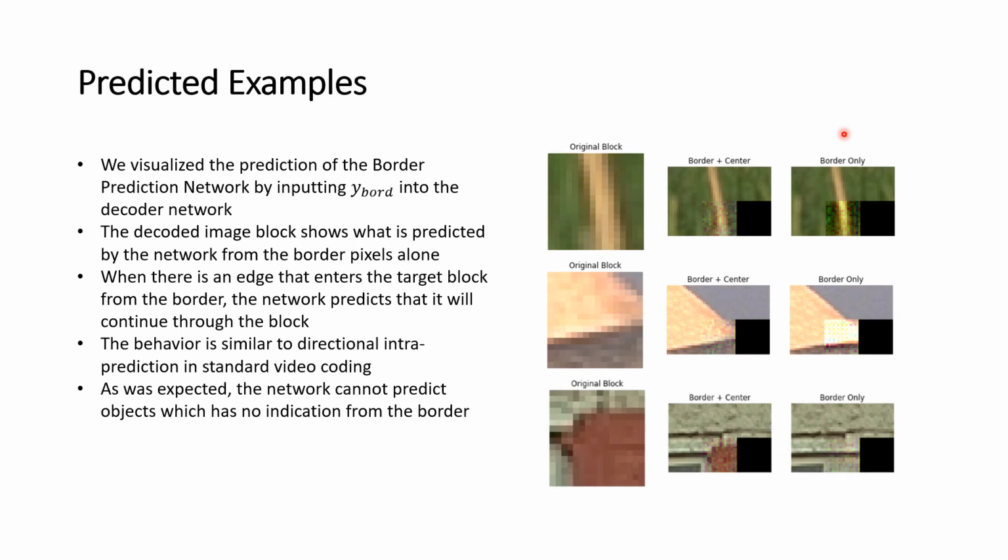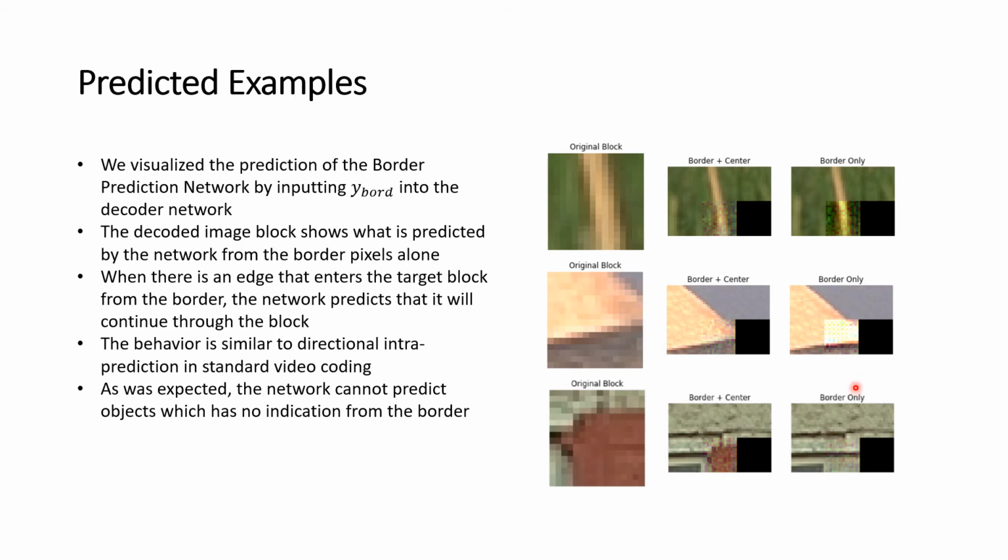We see the behavior is similar to directional Intra-Prediction as in standard video coding. When the network sees an edge that enters the target region, it will continue to extend this edge. And similarly for this example.